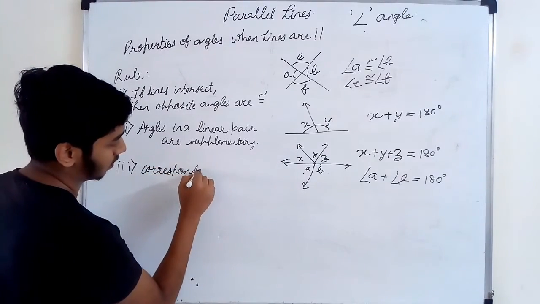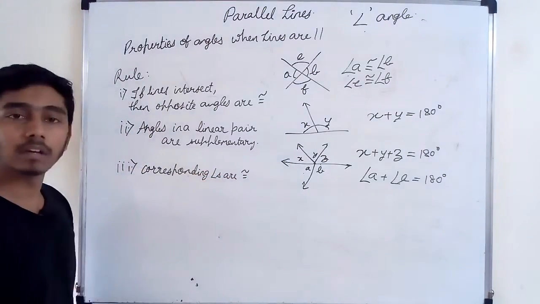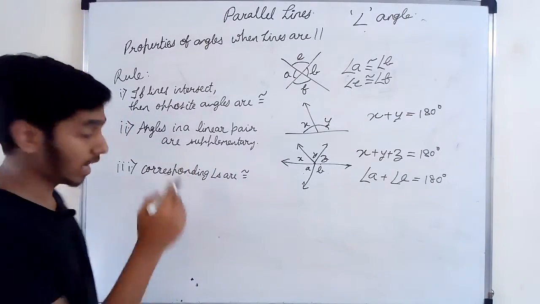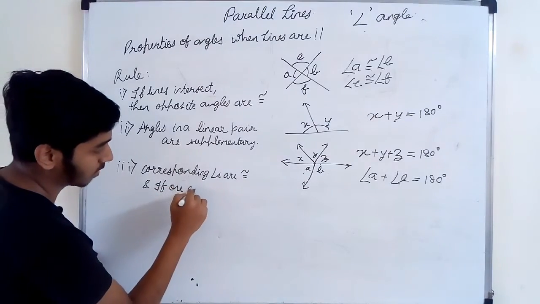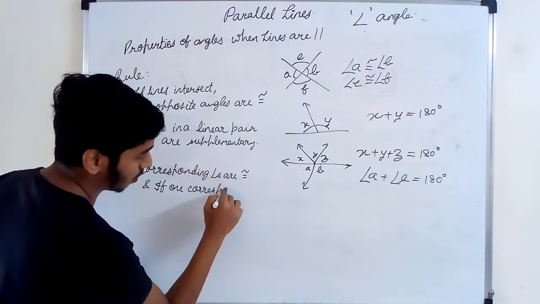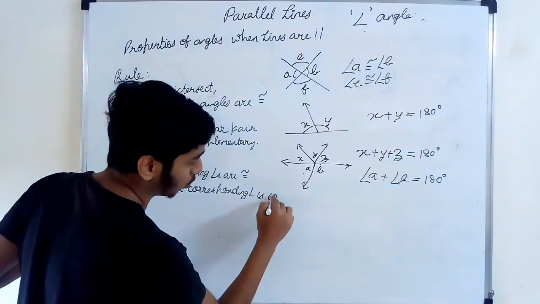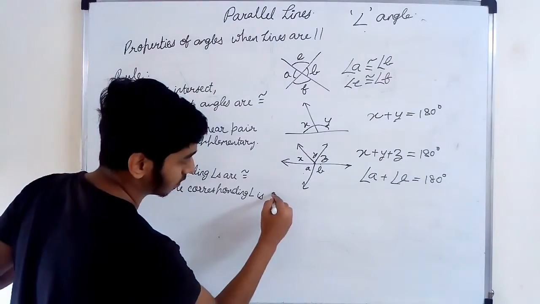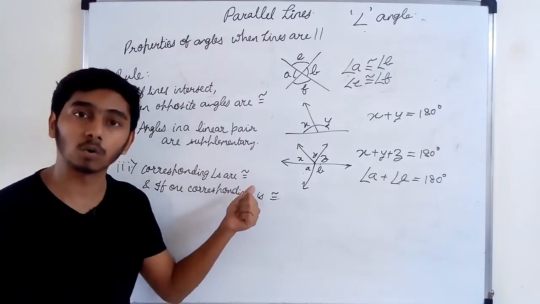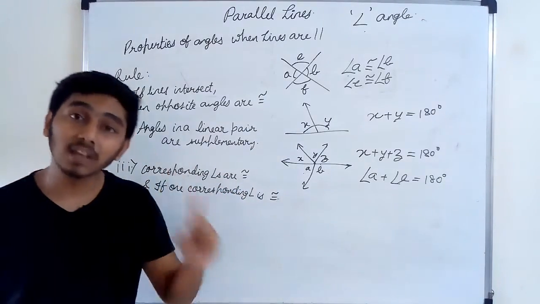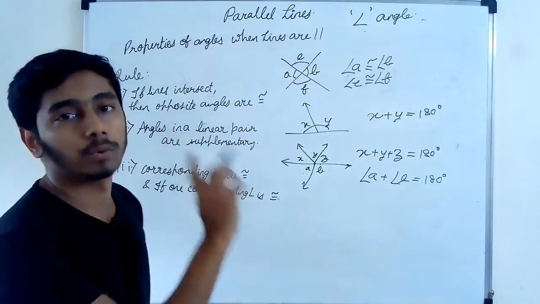Corresponding angles are congruent. And if one corresponding angle is congruent, that is one, and just after this corresponding angles, you know that it is congruent, and also we can say if any one pair of corresponding angle is congruent, then all the other pairs are also congruent.